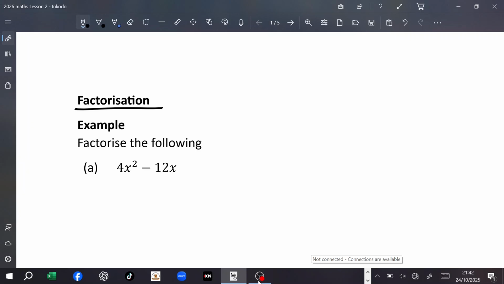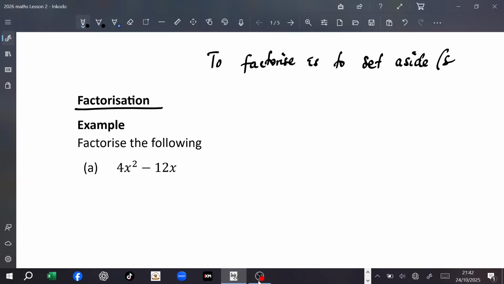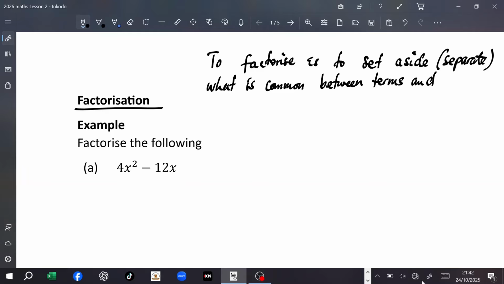To factorize is to set aside or separate what is common between terms, and also introducing brackets.